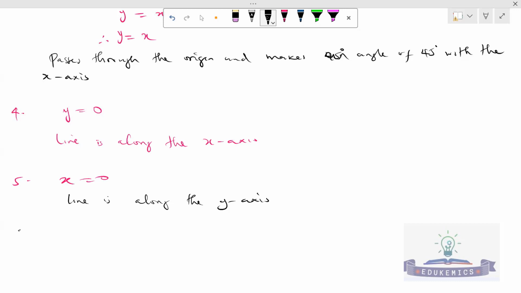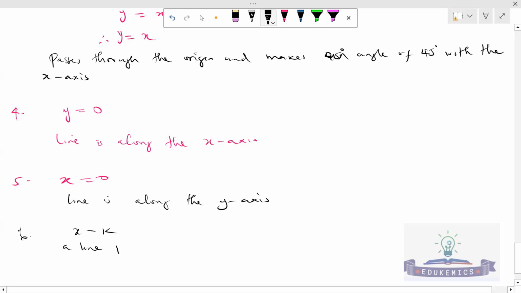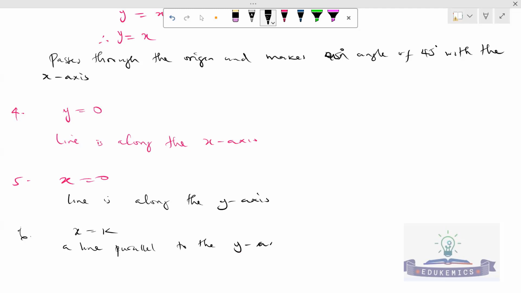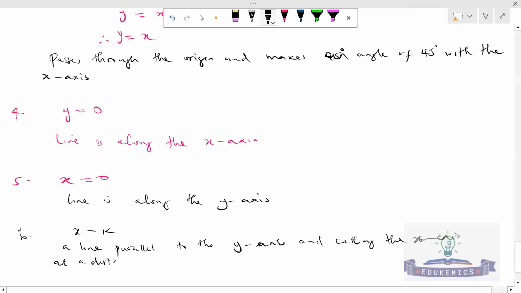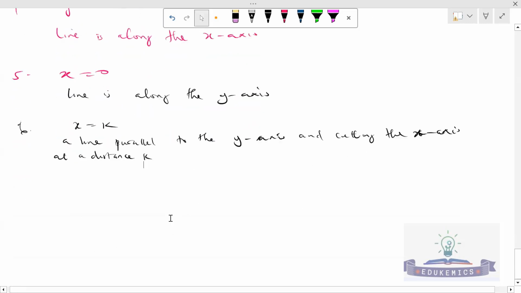And when we have the equation x equals k, we have a line that is parallel to the y-axis and cutting the x-axis at a distance k from the origin.